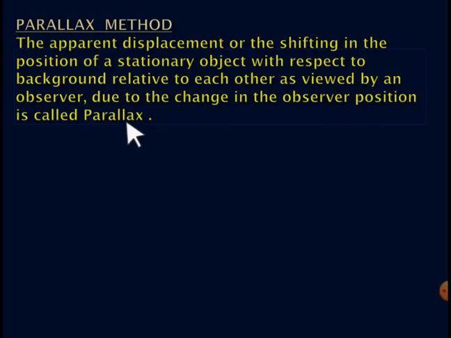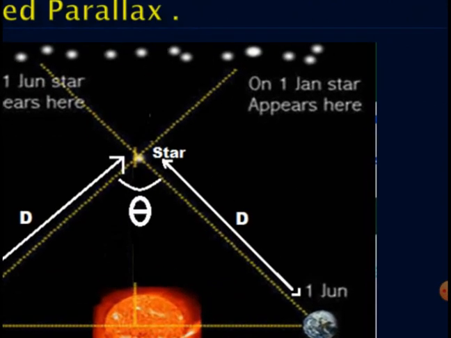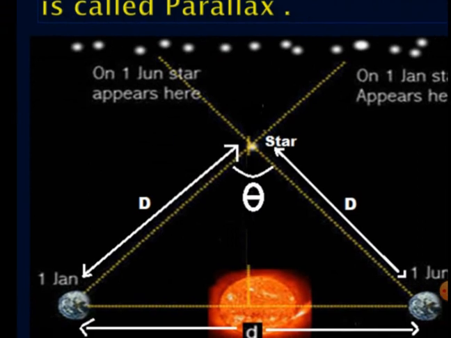That means the shifting of the position of an object with respect to the background, in relation to the change in the position of the observer, is called parallax. Now suppose we are trying to measure the distance of the stars from our sun, then what happens? Let me zoom in a little bit so that you can see it.